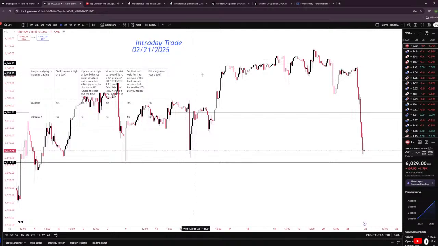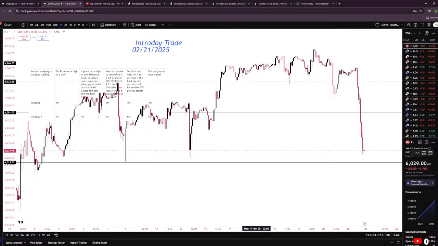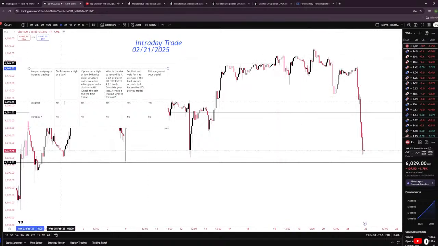Alrighty. Did price run a high or low? So this is my weekly high. This is my weekly low. Price ran our high. So I'm going to say yes.